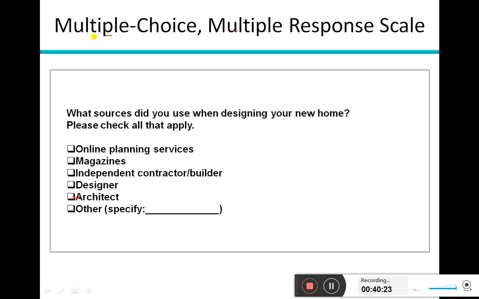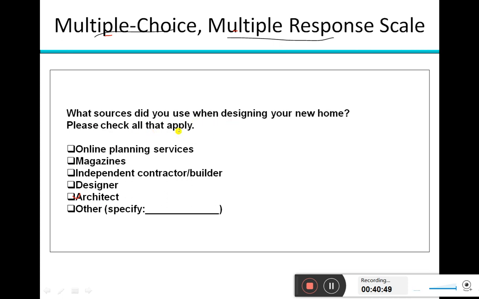Next, multiple choices again, but multiple responses. It means you have multiple choices, but among them you have to pick, let's suppose, 2 or 3 choices. In the previous one, multiple choices and we pick only a single choice, but here multiple choices and multiple responses. Suppose the question is: what sources do you use when designing your new home?